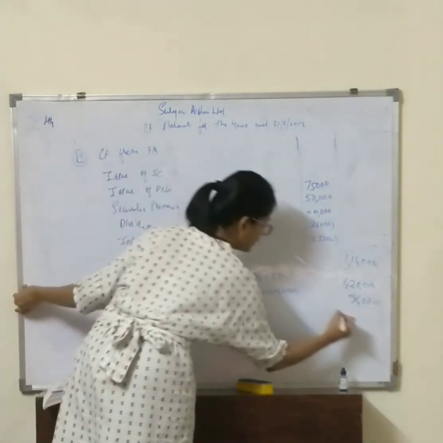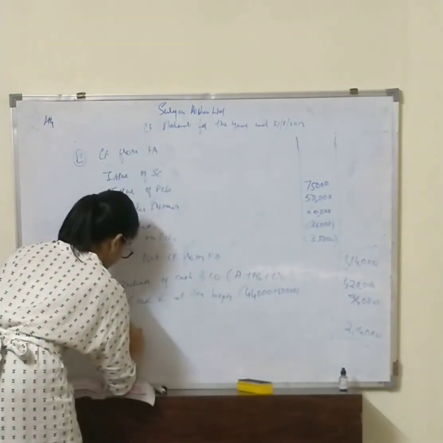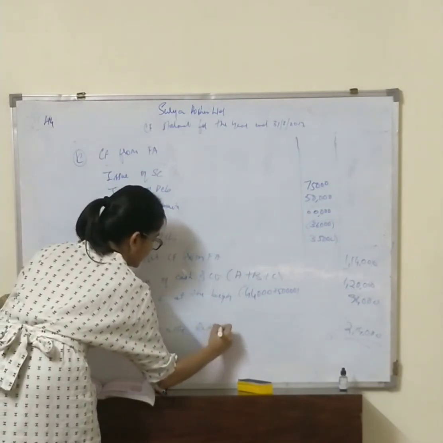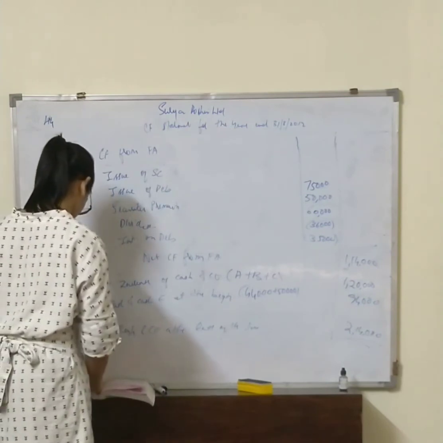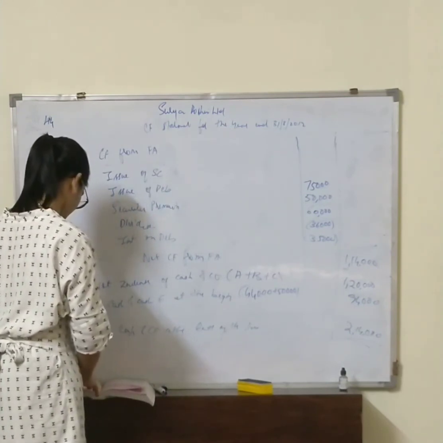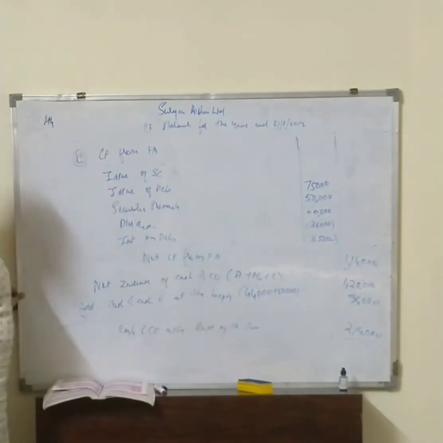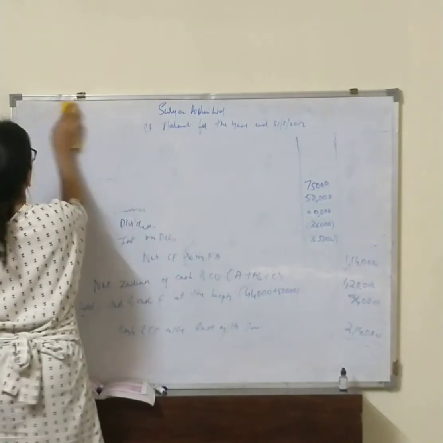It is 2,14,000. So cash and cash equivalents at the end of the period is 2,14,000. You can tally the answer by adding 1,84,000 cash and cash equivalent plus current investment 30,000. You get 2,14,000.